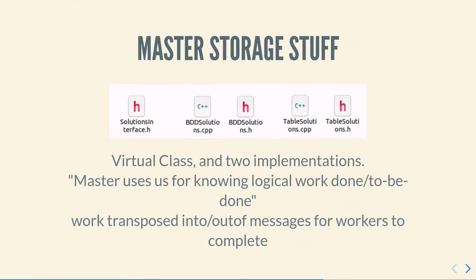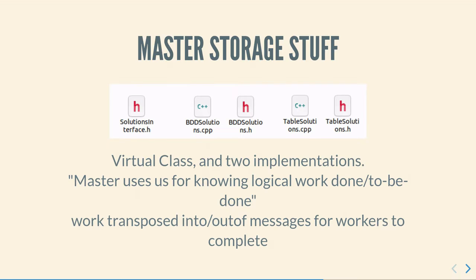So master needs to keep track of all of the work that has been done and needs to be done, and it does that via two different methods optionally. It can store all of the work that has been done and needs to be done in its logical form as binary decision diagrams, which is a specific logical form for formatting these logical structures.